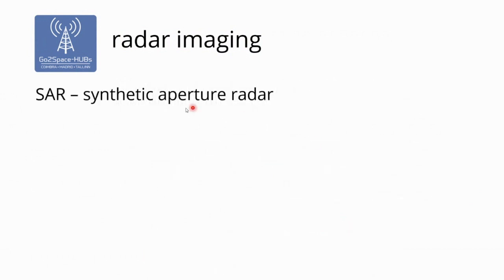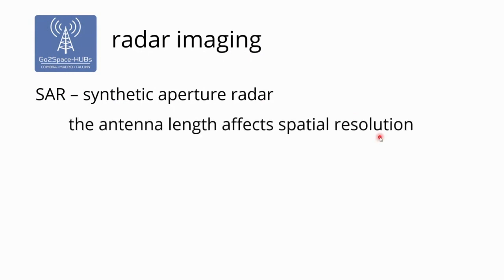Before we start, you probably find this acronym SAR. It's like a synonym of radar, actually, of remote sensing radar. It stands for synthetic aperture radar. That's because we synthesize those apertures, those antennas, because the length of the antenna affects spatial resolution.